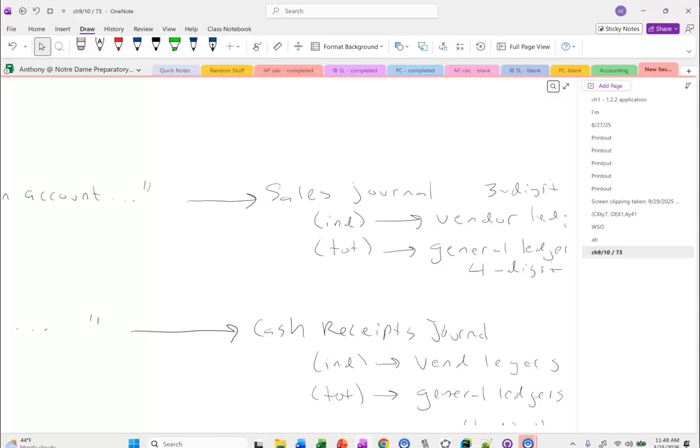Okay, so we did that. And then we continue doing that for every transaction in our sales journal, right? And then the total of the accounts receivable debit column in our sales journal is going to go into the accounts receivable ledger, which is on page 110.